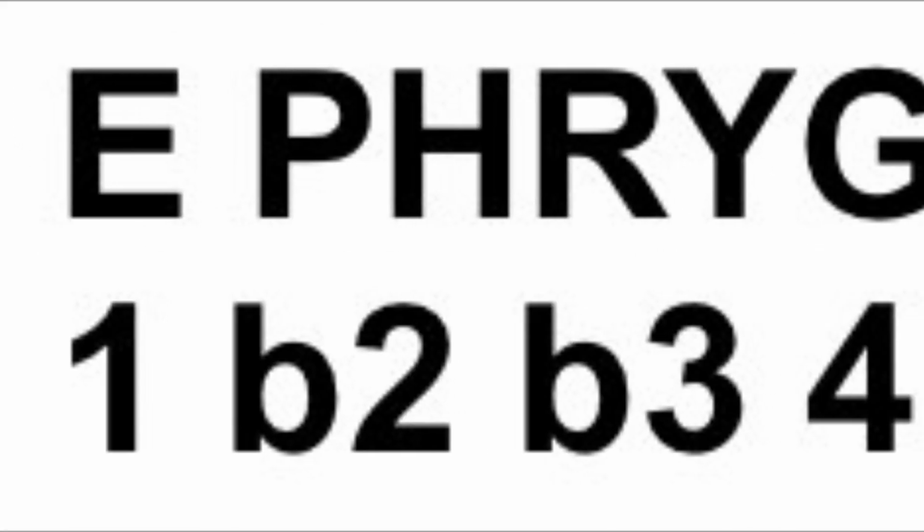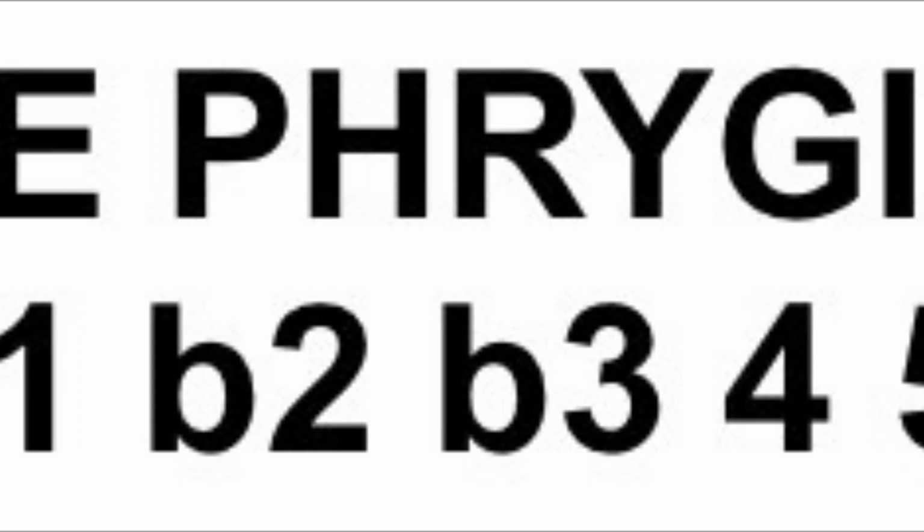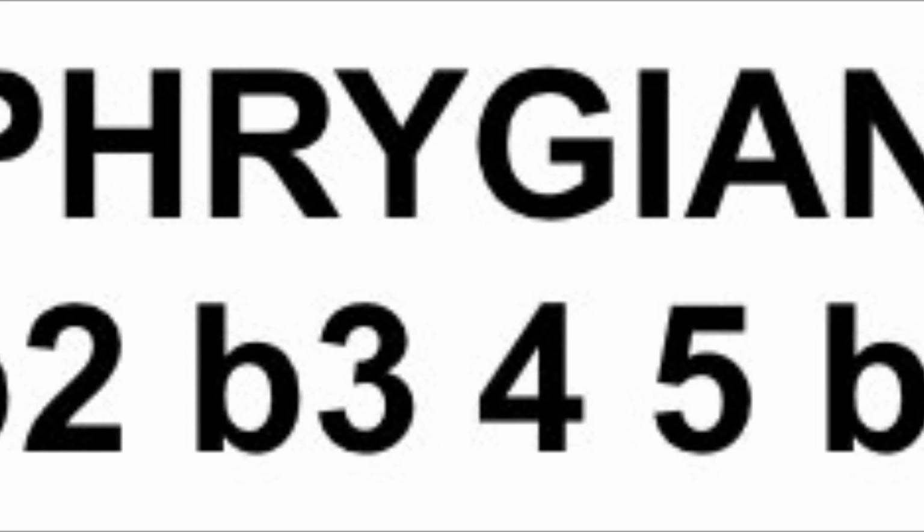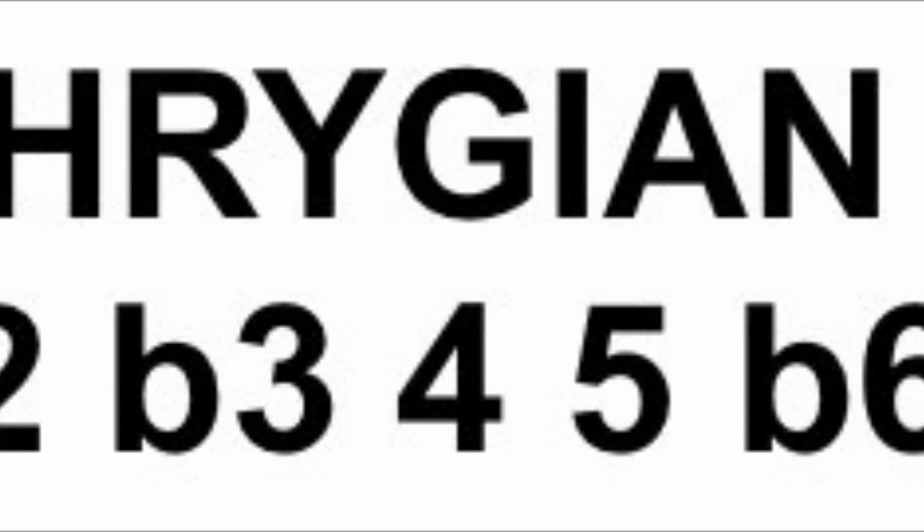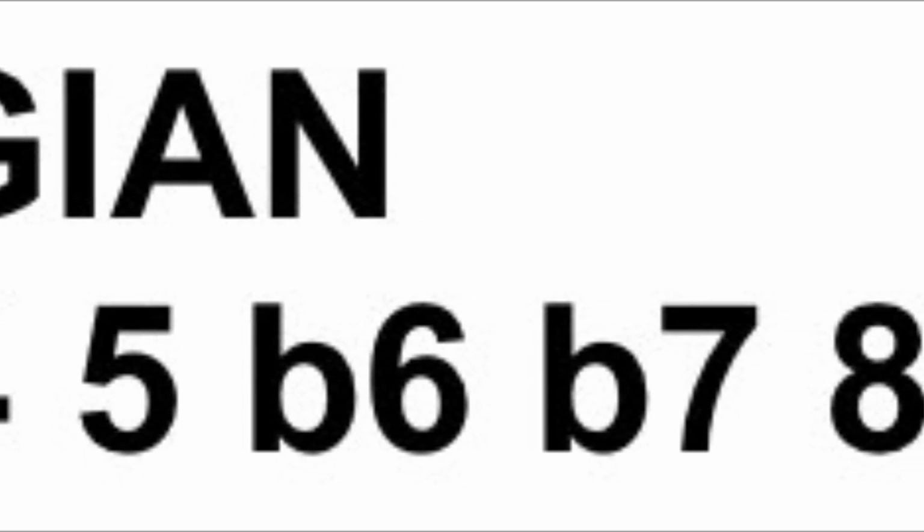Now let's look at Phrygian. Phrygian, we have 1, flat 2, flat 3, 4, 5, flat 6, flat 7, and 8. So if you add those new intervals, you now have 1, flat 2, 2, flat 3, 3, 4, 5, flat 6, 6, flat 7, 7, and 8. Now, let's add Lydian.